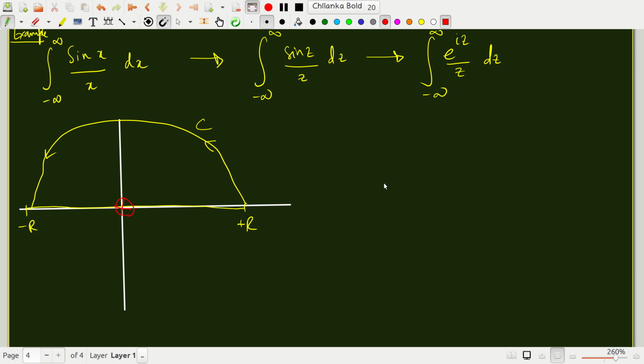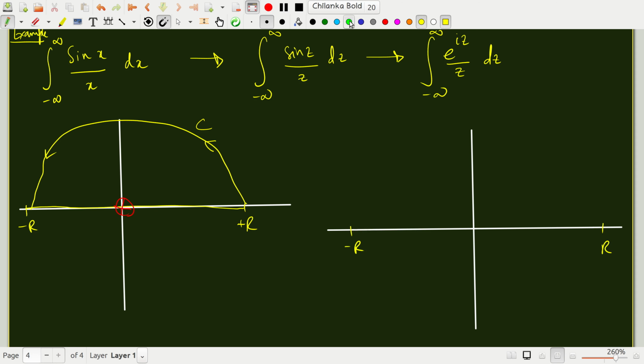So what you have to do is modify the contour a little bit. You go from minus R to R in the following sense. You go like this, then you take a detour, you avoid the pole, and then go, and then take a semicircle back.